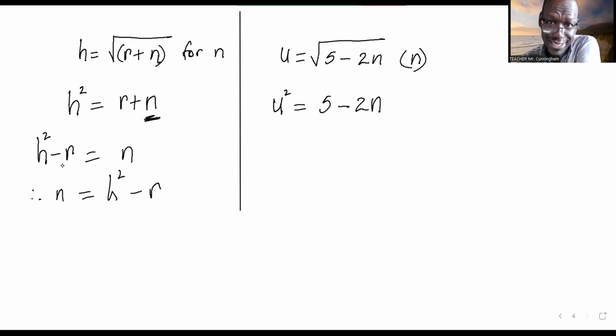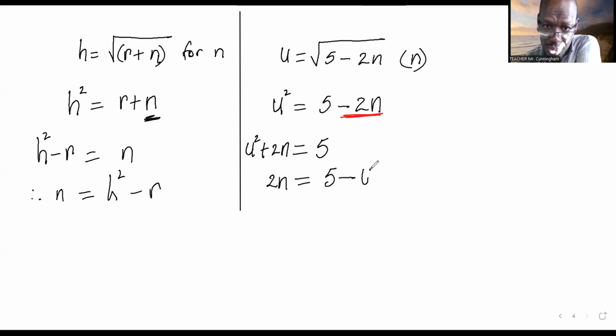N. And the n is negative. So what we're going to do first of all, I'm going to take the u squared plus 2n. This was the trick, people. Equal 5. I'm going to take the u squared on the other side. So now you have 2n equals to 5 minus u squared.